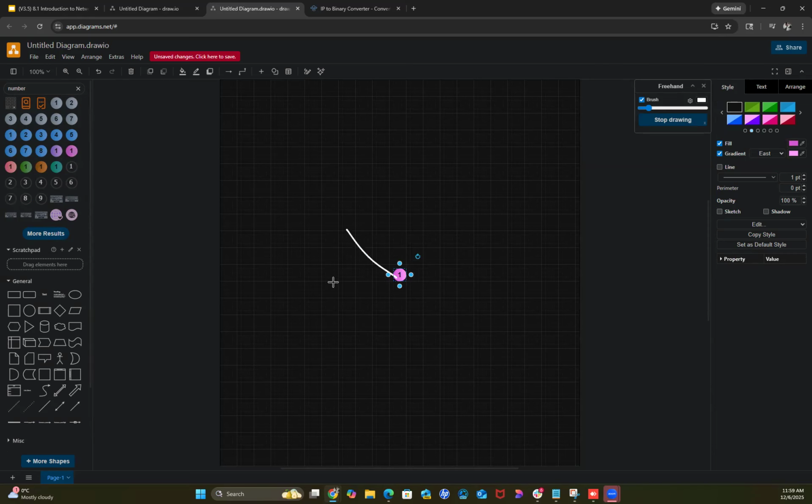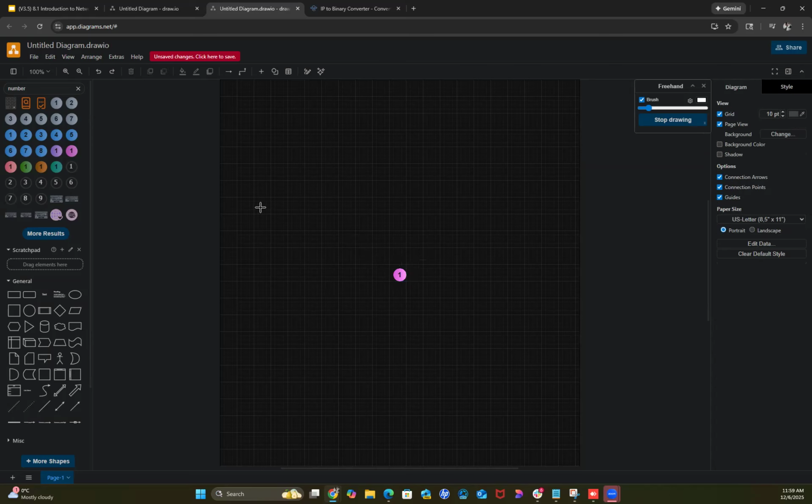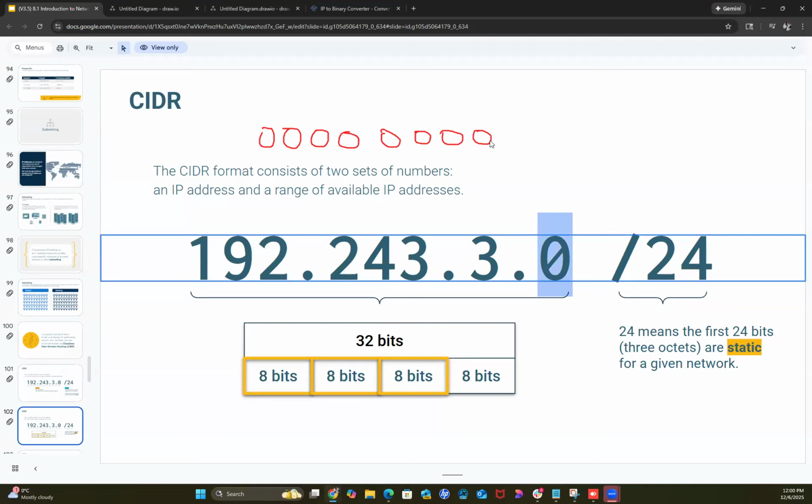Eight bits means the starting value is 0, 0, 0, 0, 0, 0, 0, 0. And the ending value is 1, 1, 1, 1, 1, 1, 1, 1.